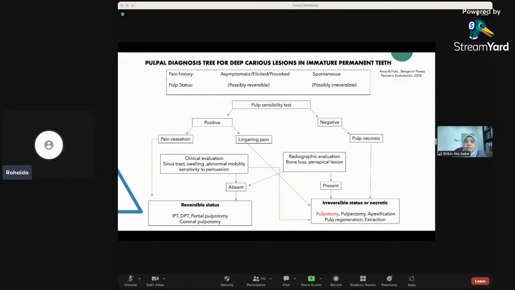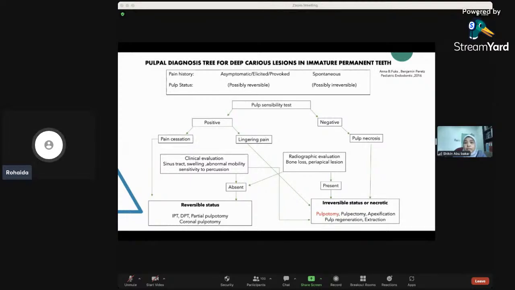But if a patient has history of spontaneous pain, disturbed sleep, disturbed routine activity, then it will suggest the potential of irreversible pulpitis. Okay, then after all the clinical examination, radiograph, then you have to do a sensibility test, which is a must. Okay, it's a part of how we diagnose the pulpal status.